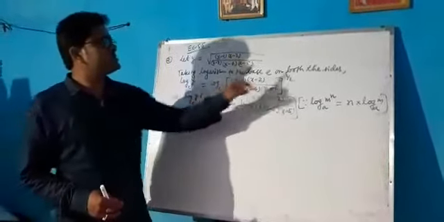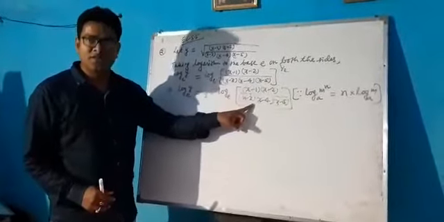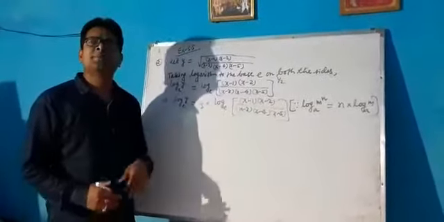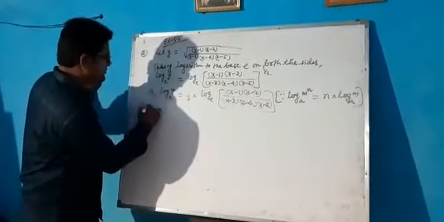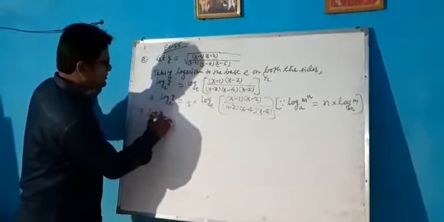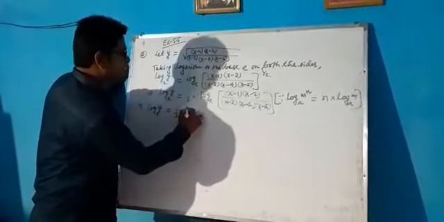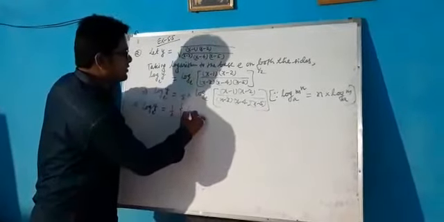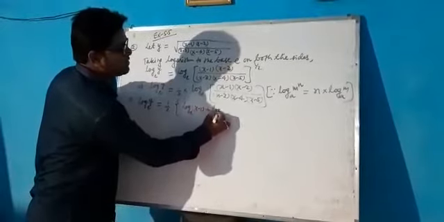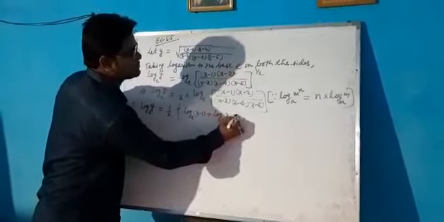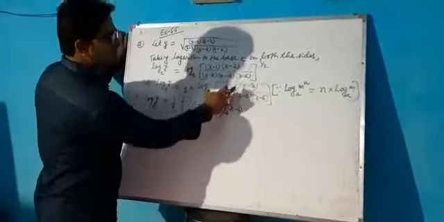Now see, I have applied this first rule. Now I am going to apply the division rule within that, and then the product rule within them. So we can write it directly. I am writing the result. Log y to the base e is equal to 1 by 2 times: log to the base e (x minus 1) plus log to the base e (x minus 2), as the product rule, and within them there is the division rule also, because they are divided.